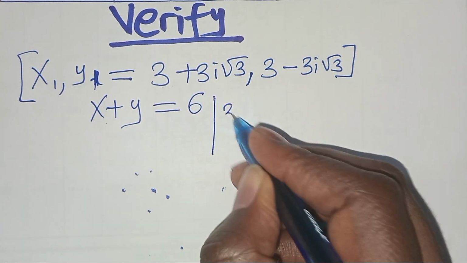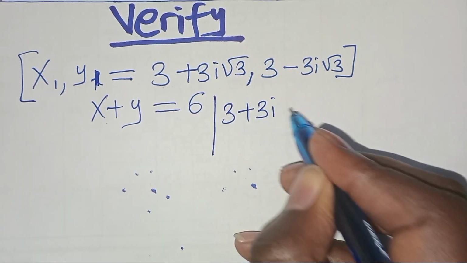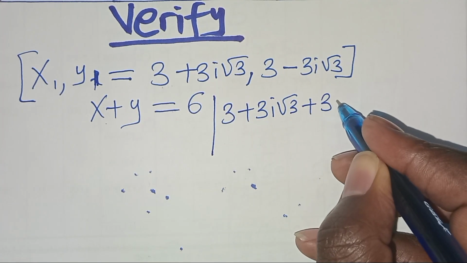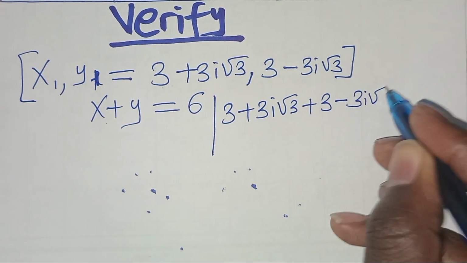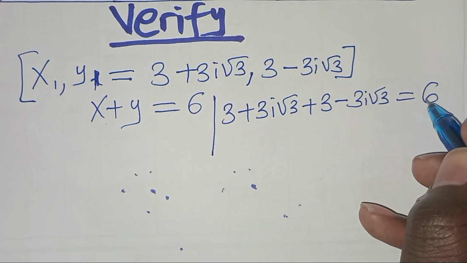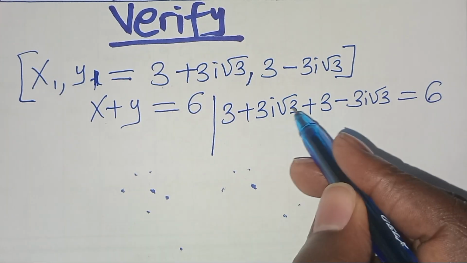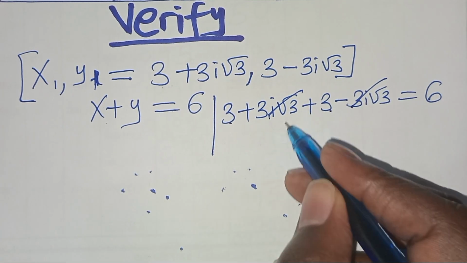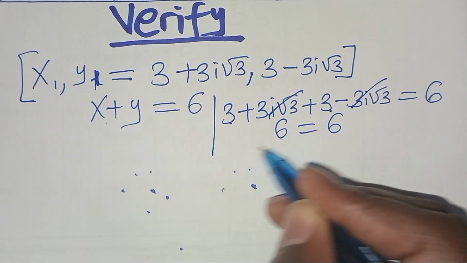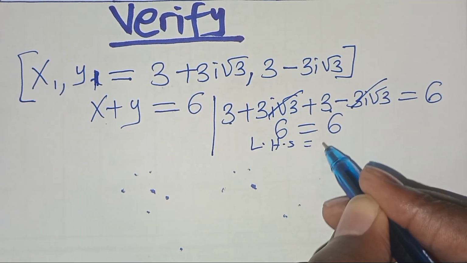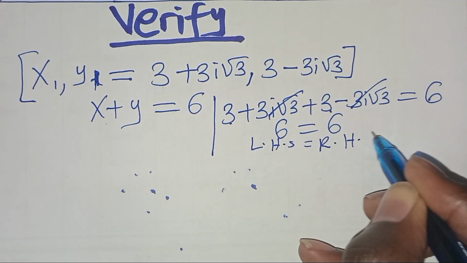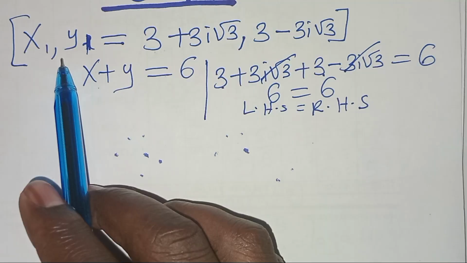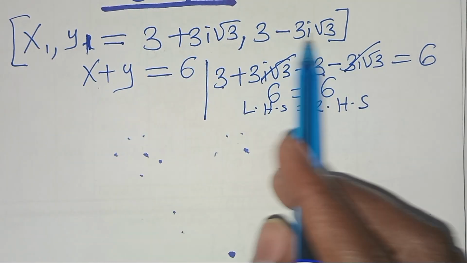We'll have 3 plus 3i square root of 3 plus 3 subtract 3i square root of 3. This should give us a value of 6. So 3i square root of 3 cancels out. We'll have 3 plus 3, which is 6. So the left-hand side is equal to the right-hand side. That means x1, y1 satisfies the equation.